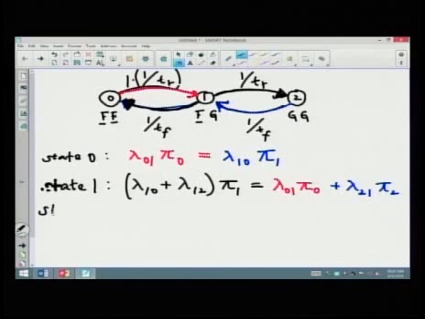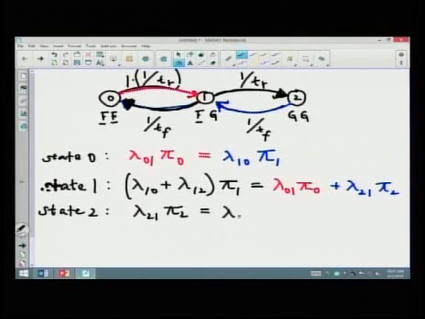And then for state 2, that's going to be lambda 2,1 pi 2 equals lambda 1,2 pi 1.